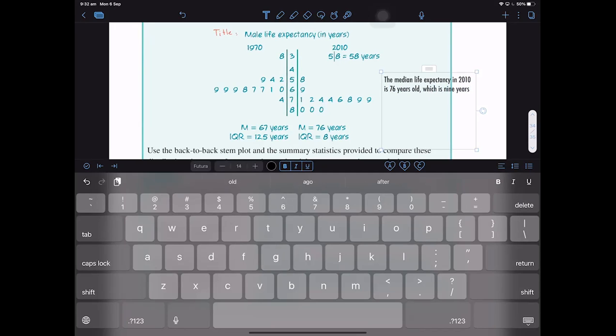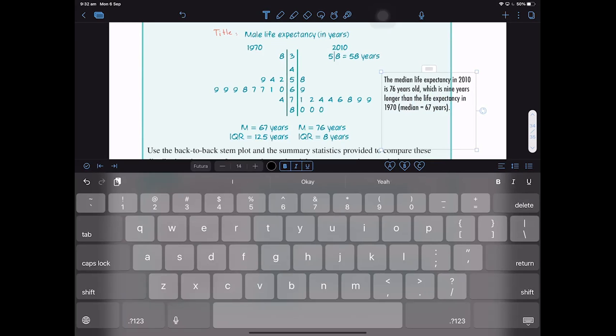You've got to think about using correct language as well, yeah? All right. 9 years longer than the life expectancy in 1970, where the median is equal to only 67 years.